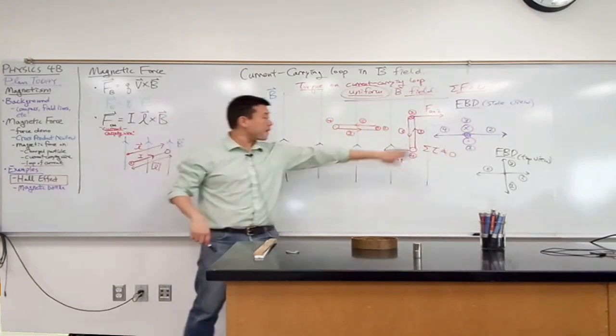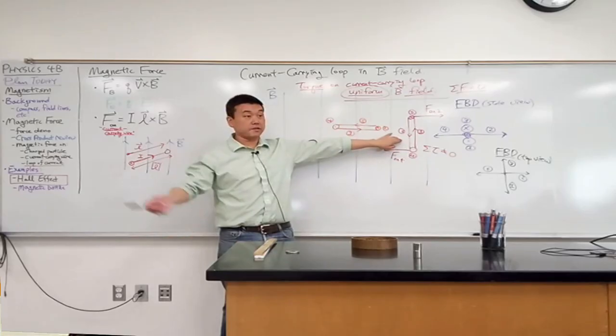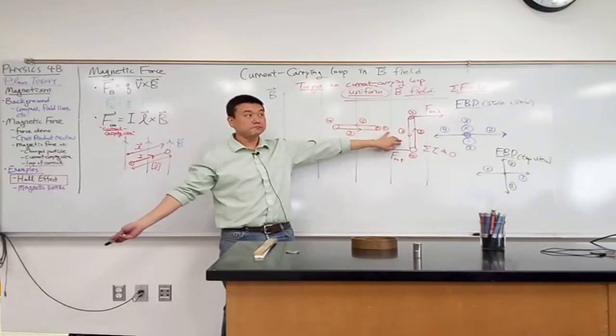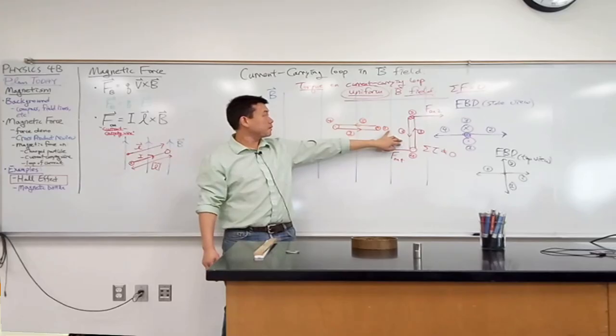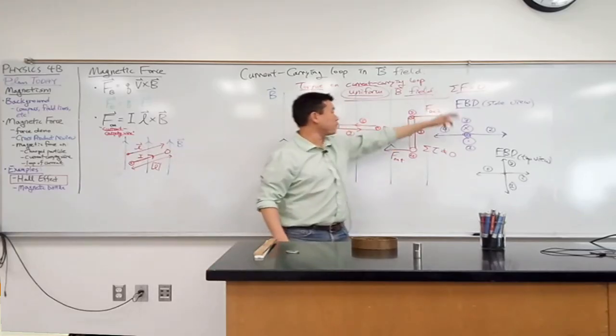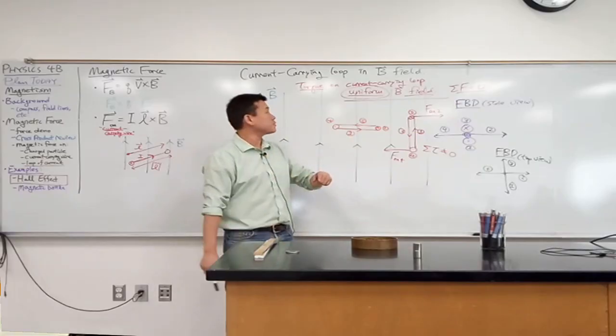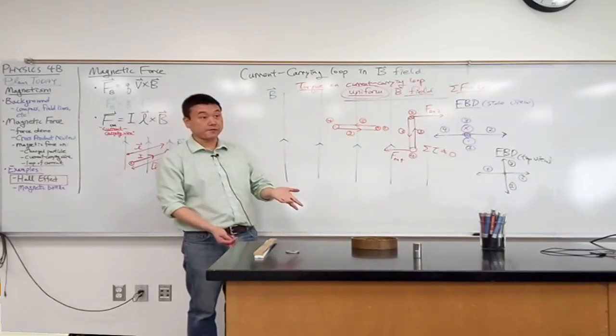So this is the basis of the motor. There's a lab for motors a little bit down the line. You're going to look at that. But what it takes to have a non-zero net force on a current carrying loop is to have a non-uniform magnetic field.